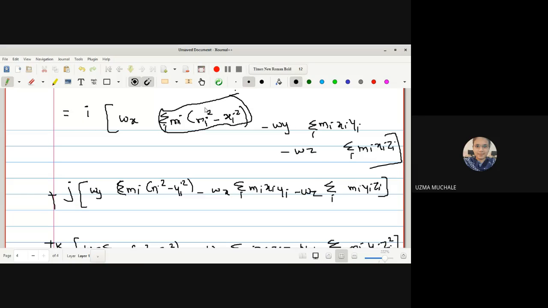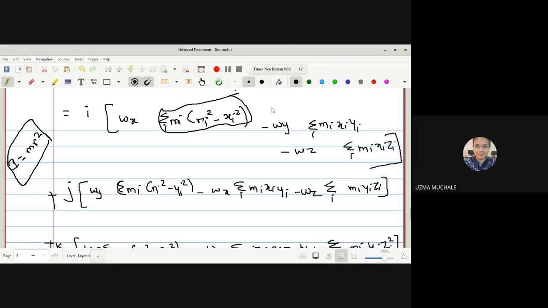Later on, I will show you what is the formula for I. If you remember moment of inertia, what is the formula for moment of inertia? Mass into distance square is the moment of inertia. Moment of inertia was denoted by I. If you remember, in the 12th standard we have written this formula many times: I is equal to mr square.